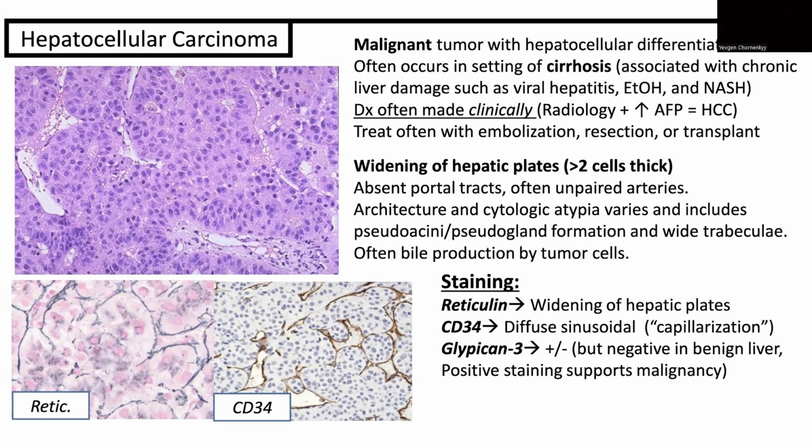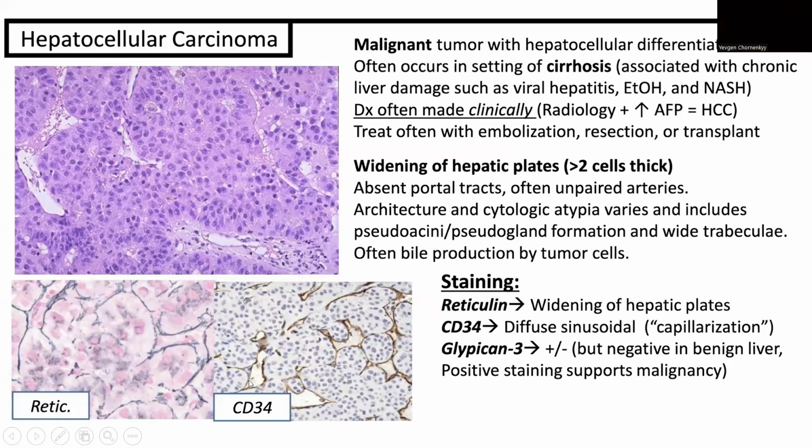So the things I want to talk about is hepatocellular carcinoma. Here, you'd want to see thick trabecular plates that are very, very obviously thick. Reticulin would show that these plates are much larger than 2 to 3 cells thick.